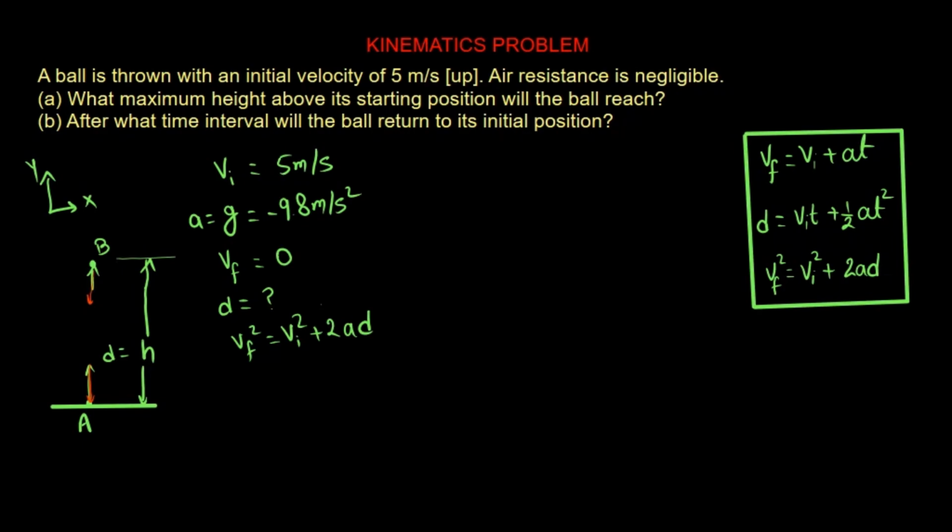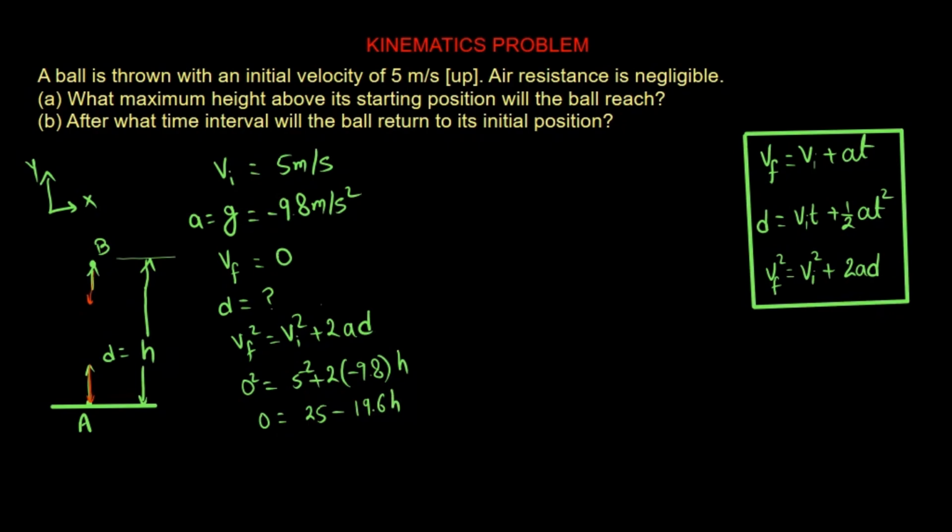v final is 0, so 0 square equals v initial 5 square plus 2 times a, which is minus 9.8, times d, which is the height h. This is 0 equals 25 minus 2 times 9.8, which is 19.6, h.